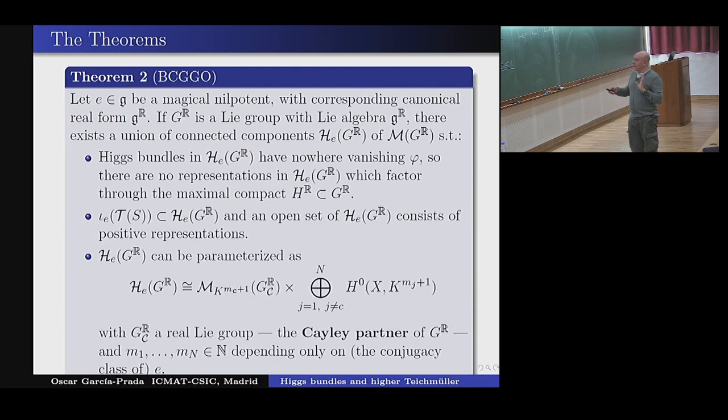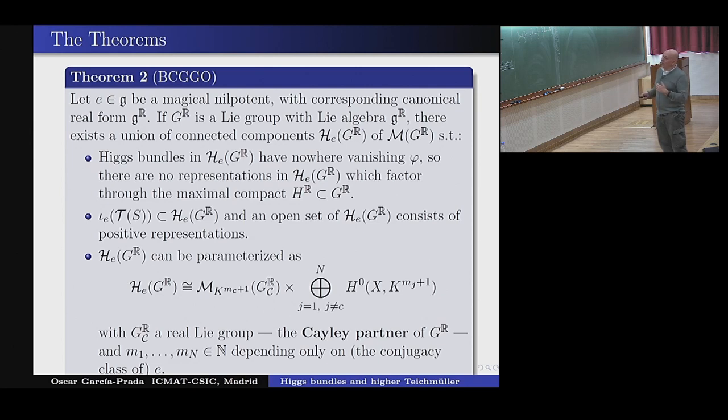And here is the thing: we give an explicit parametrization of these components in terms of a moduli space of twisted objects for some number MC here, and some group that we call the Cayley partner of GR.